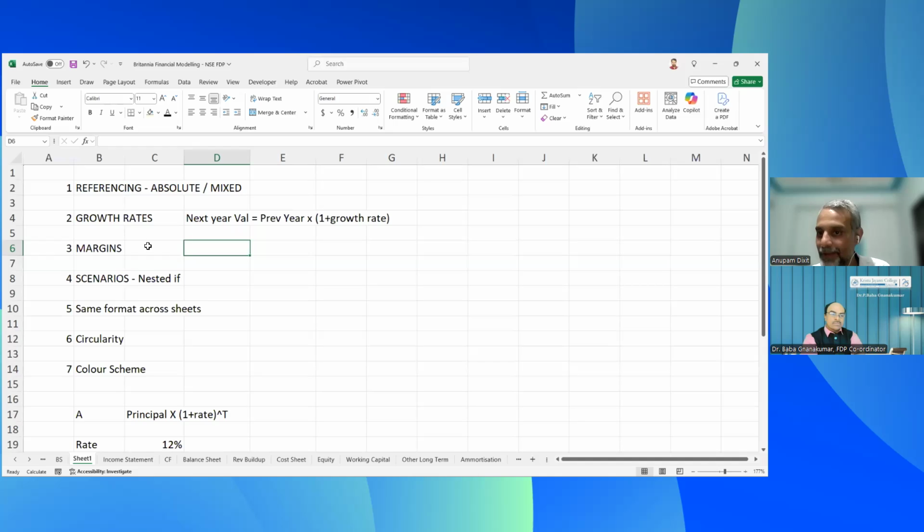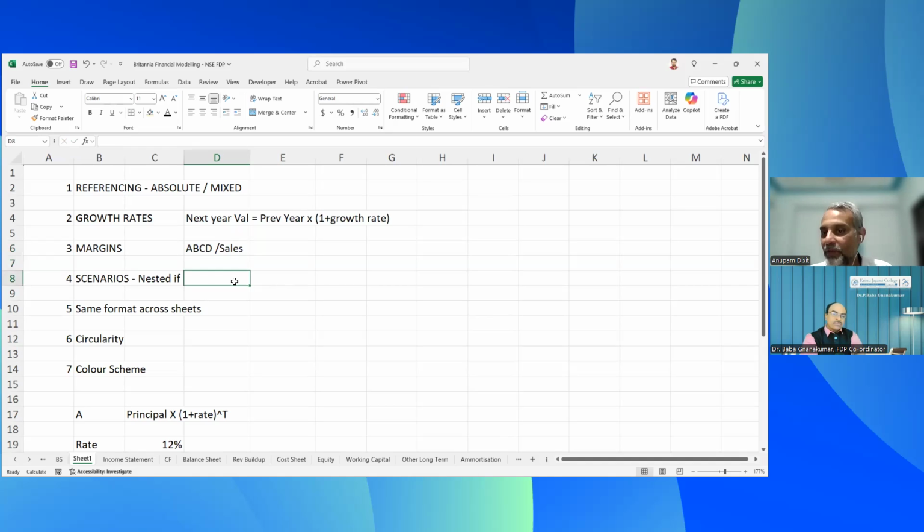So when we use margins, we divide the value by sales, right? So the benchmark value which will guide our future values is going to be the sales, right? So sales would be in the denominator and there will be some other value in the numerator, right? This is how we will calculate the margins, which we're just going to observe, right?